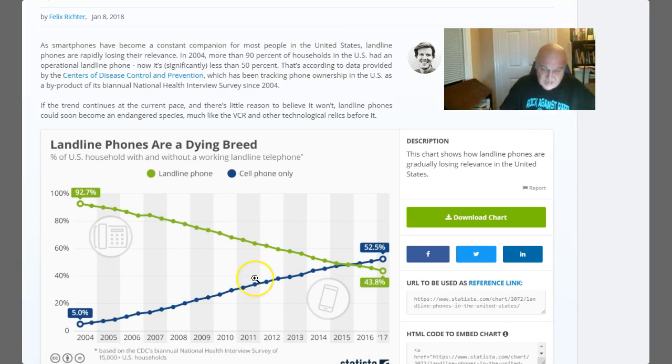An age cohort is a grouping of people by ages, and I think I'm in the 55 to 64 group now. Congratulations to me.